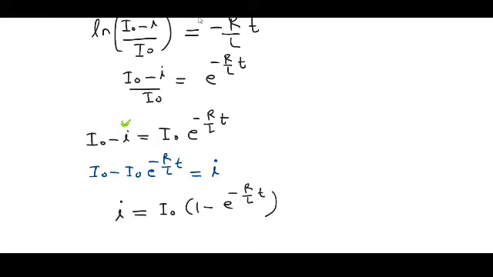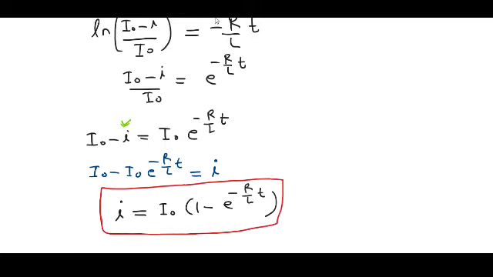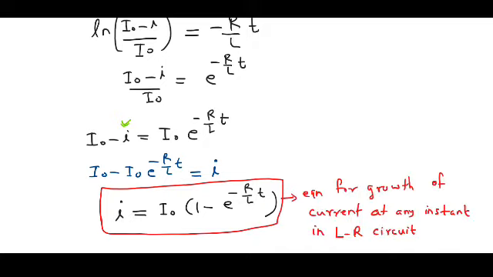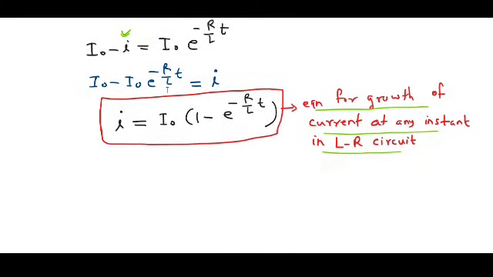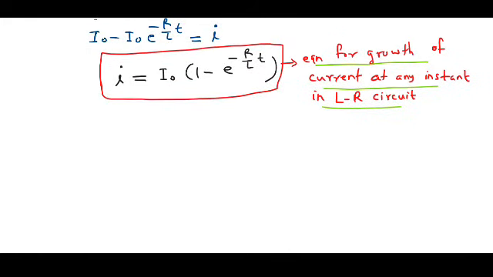Okay. This is the expression for the growth of the current in an LR circuit. This is the equation for growth of current at any instant of time in an LR circuit. This equation is also called Helmholtz equation.